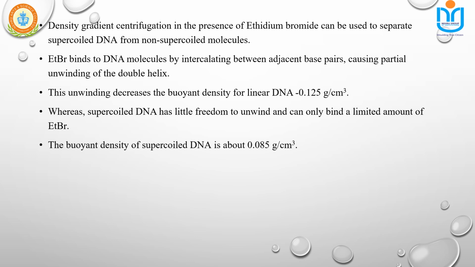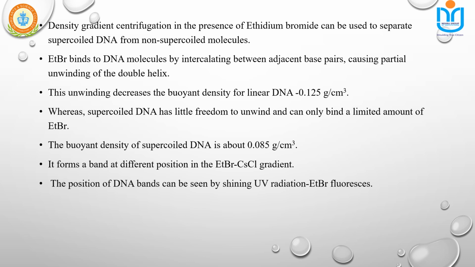The buoyant density of supercoiled DNA is about 0.085 gram per centimeter cube. It forms a band at different positions in the ethidium bromide cesium chloride gradient. The position of DNA bands can be seen by shining UV radiation. The ethidium bromide fluoresces.